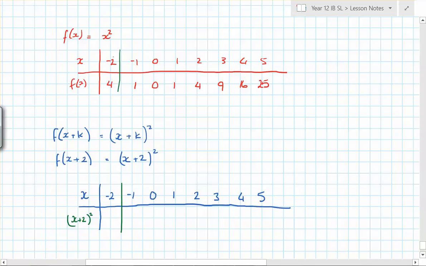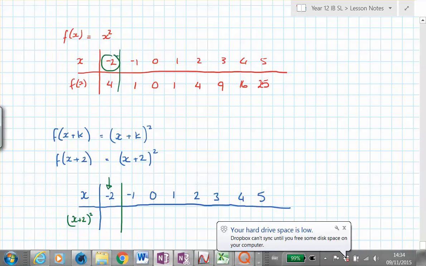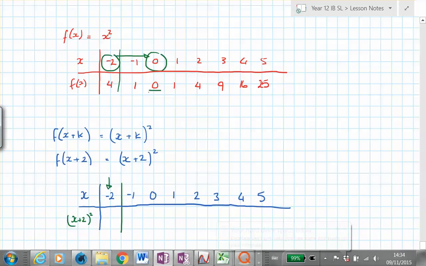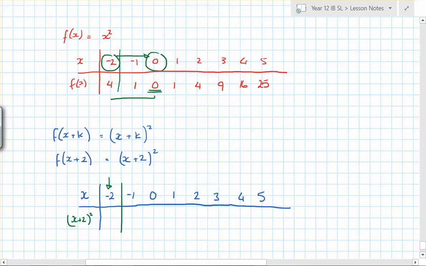So I start at this point, because that's where I am here, but I have to look 2 spaces up to this one. All right? What I then do is use that value, but put it in that hole. Okay? Do you understand? So that will be 0.